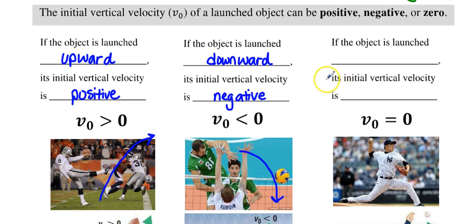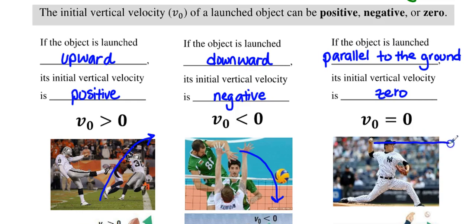And the third possibility, which we will not look at too often in the next couple days, but it's still important to realize it exists. If the object is launched parallel to the ground, its initial vertical velocity is 0. So we see this baseball player is about to pitch this ball, and that ball will travel parallel.